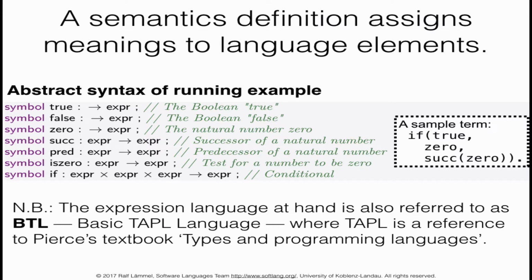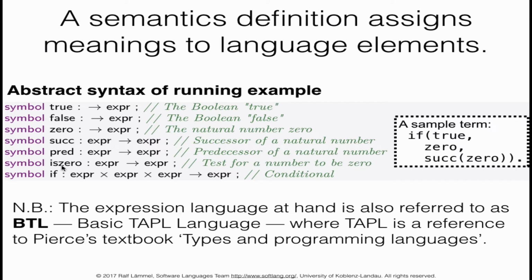A semantics definition overall, no matter whether it's done in operational style, is basically meant to assign meanings to language elements. As far as today's presentation is concerned, we use this running example, a simple expression language with constant forms of expression true, false, zero, and then constructs like succ and pred to compute the successor and predecessor of natural numbers.